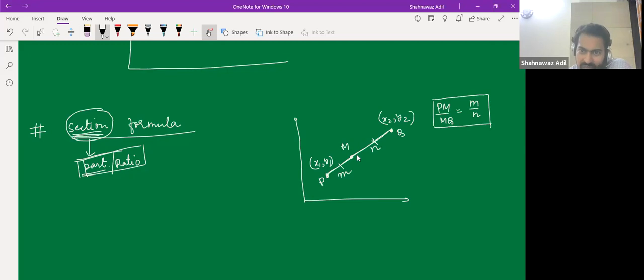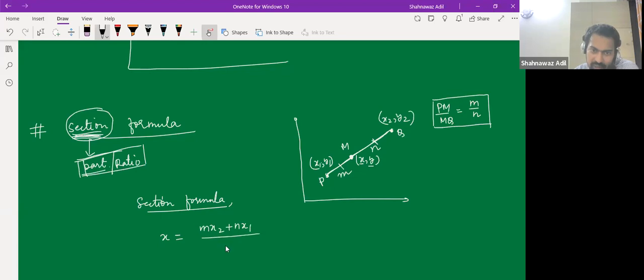Now, let's say the coordinate of this point is (x, y). The section formula relates this (x, y) with the ratio and with the coordinates. If I want to calculate the x coordinate of this point, it is given by (m x2 plus n x1) divided by (m plus n).